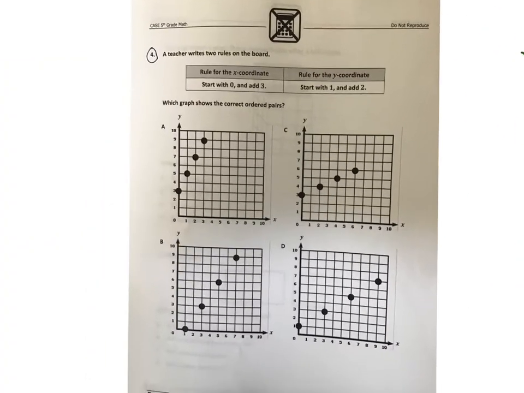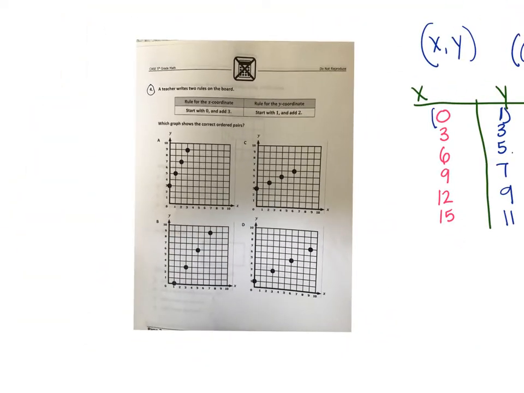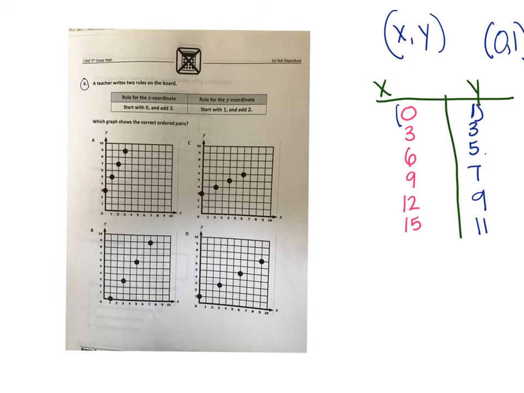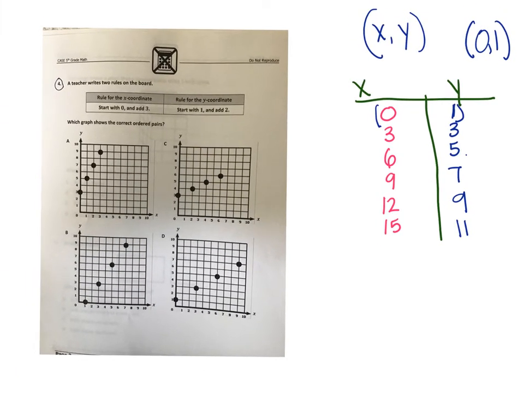So let's go over here and see which one of these shows us our first point. Our first point is (0, 1). Remember, x comes first, so we're not even moving for x. We're staying at 0. Does anybody remember what our origin is called? It is (0, 0).